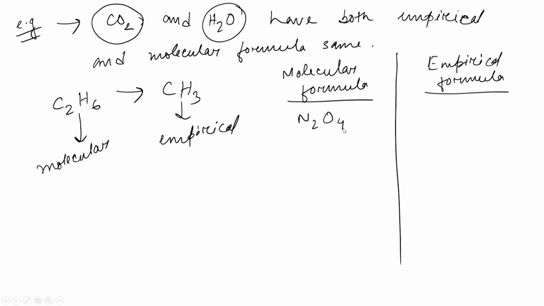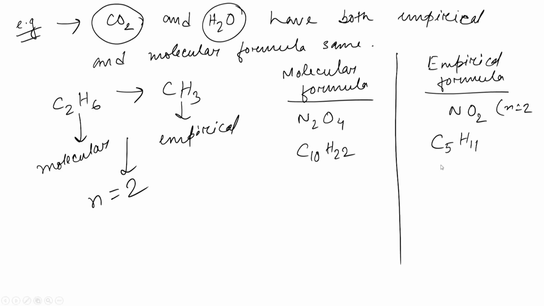N2O4, this is the molecular formula. Its empirical formula is NO2. If we multiply by 2, then NO2 becomes N2O4. So, this factor is N. Okay. So, here N is equal to 2. Here also N is equal to 2. Again, if we take C10H22, the empirical formula will be C5H11.